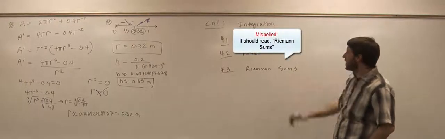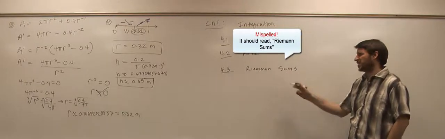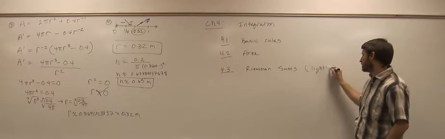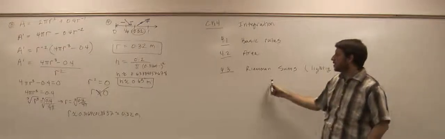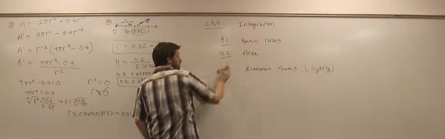But Riemann sums are kind of the formal definition of integration. We're gonna cover this lightly. This is too intense for me. So we'll talk a little bit about that, but for the most part, we're going to focus on more simple area problems.